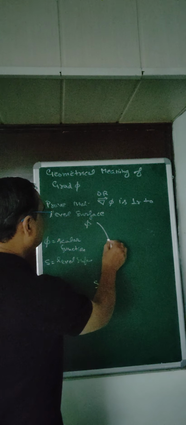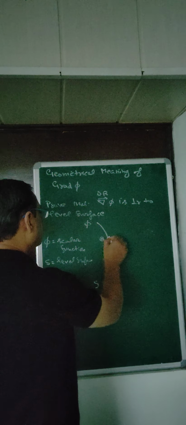Now let us say that we are moving along this surface. We consider a point P here, and a second point, let us say Q. We go from P to Q. This is a small section of the surface, and we are moving along this direction.